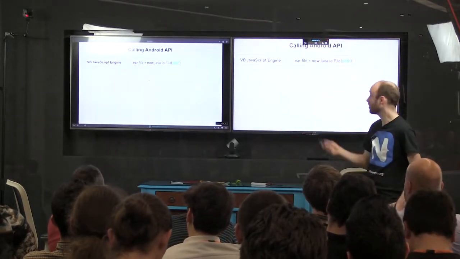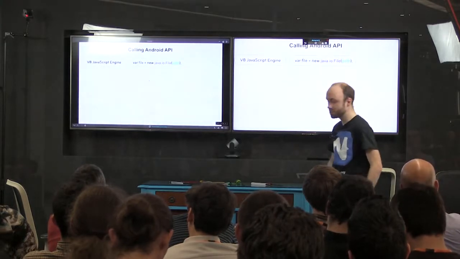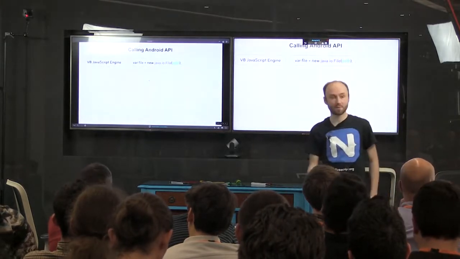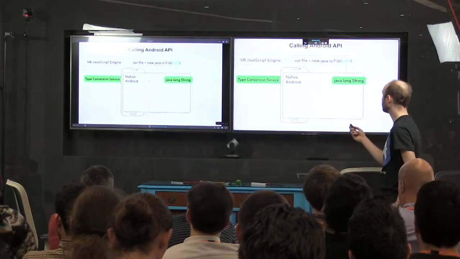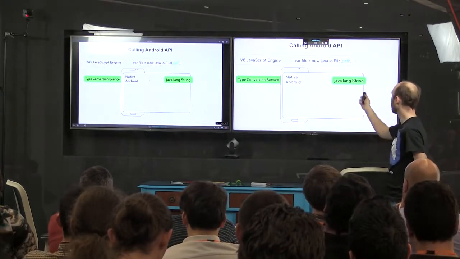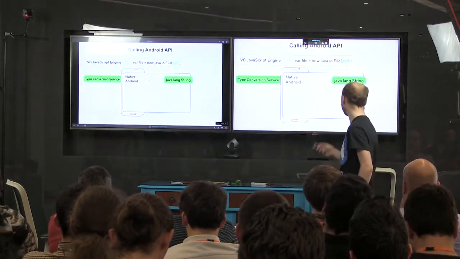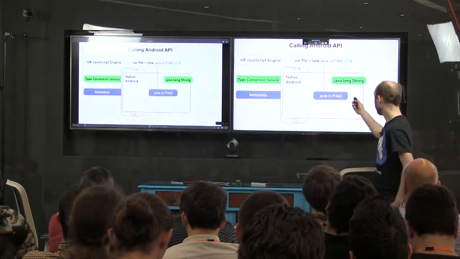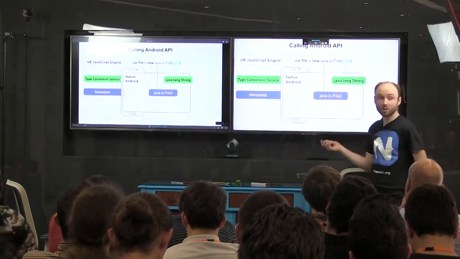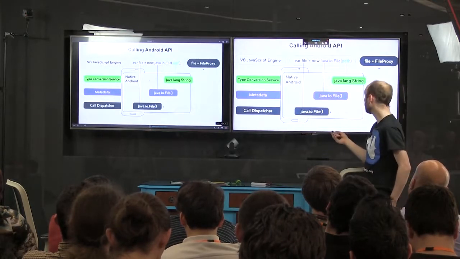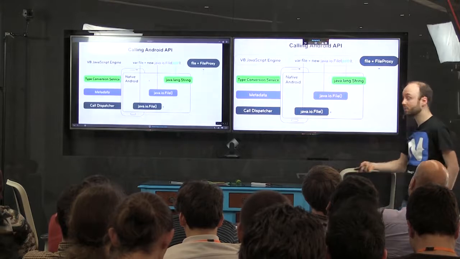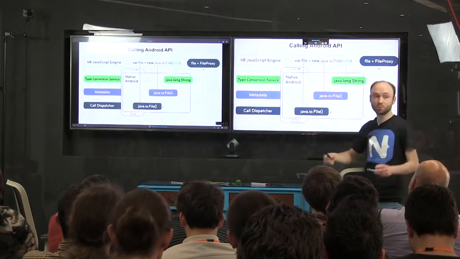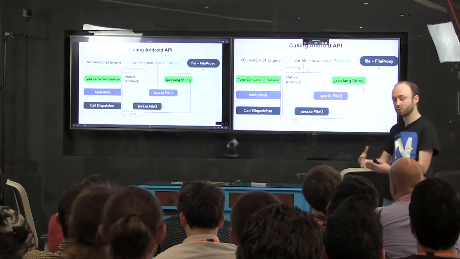So the virtual machine, or in this case, the V8 JavaScript engine, evaluates our code, and then the type conversion service will take the path and translate it to the native Java lang string. The metadata will look up Android's API, thus finding the file constructor, and then the call dispatcher will execute the call, calling the constructor, and this will result in a dual result.